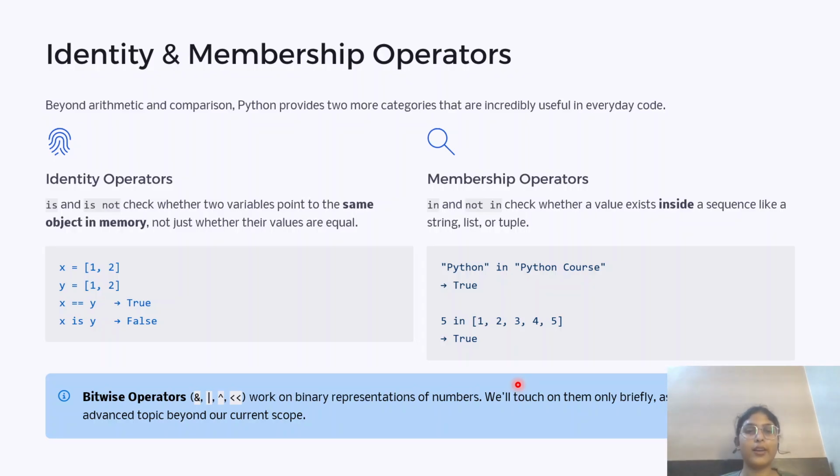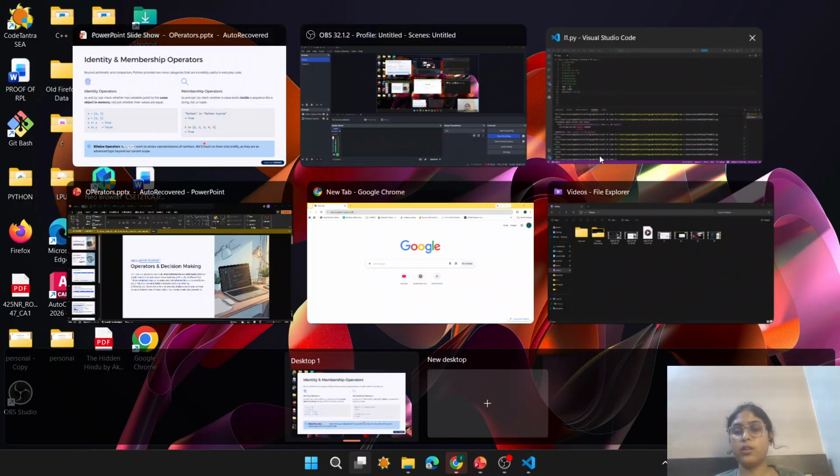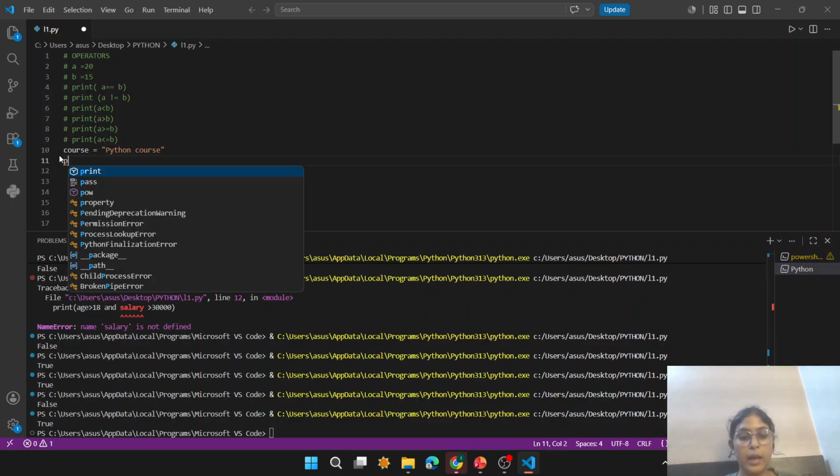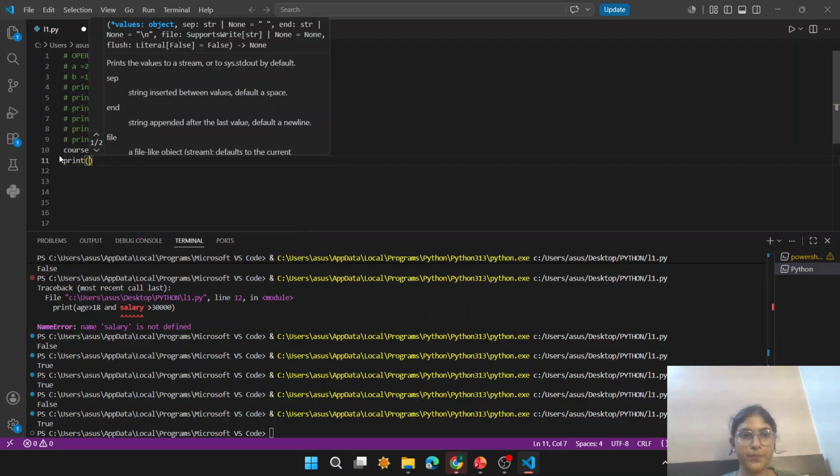Let's do some live coding, that would be more helpful. I'm printing two statements.